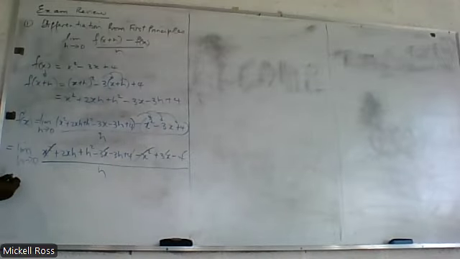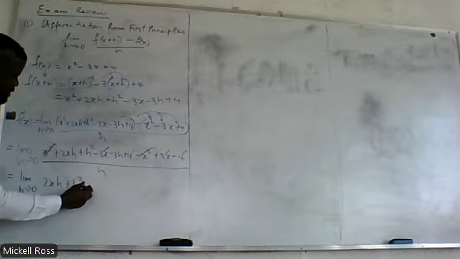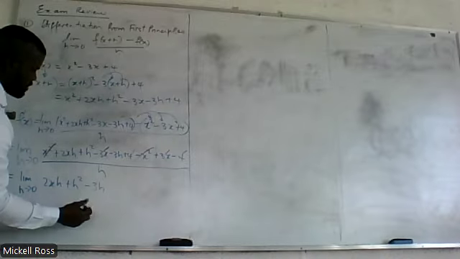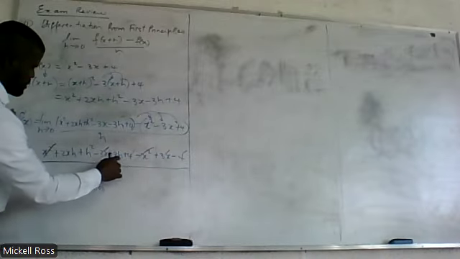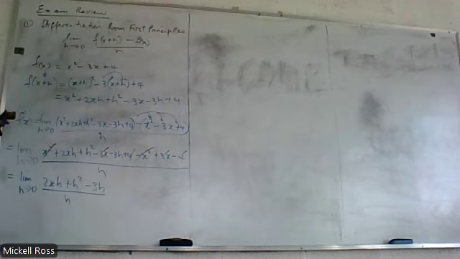We're left with the limit as h tends to 0 of 2xh plus h squared minus 3h, that's it, all divided by h. Now notice, in the numerator, h is common to each of the terms. So what can we do?